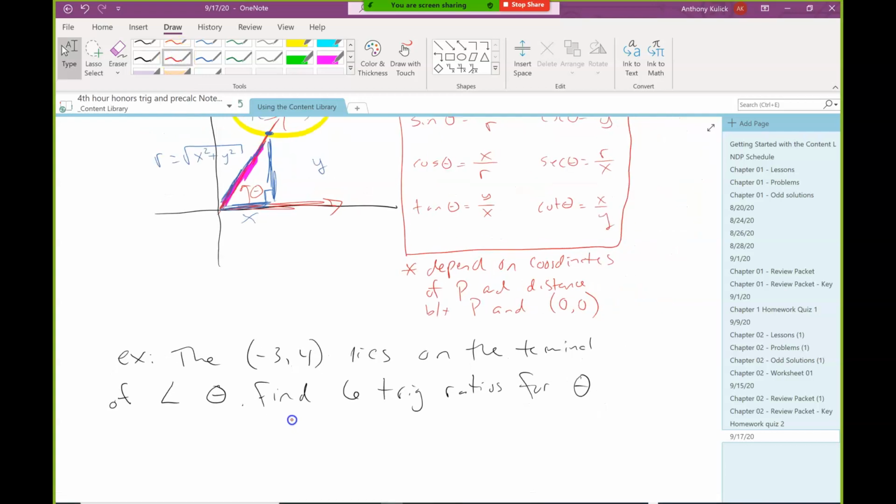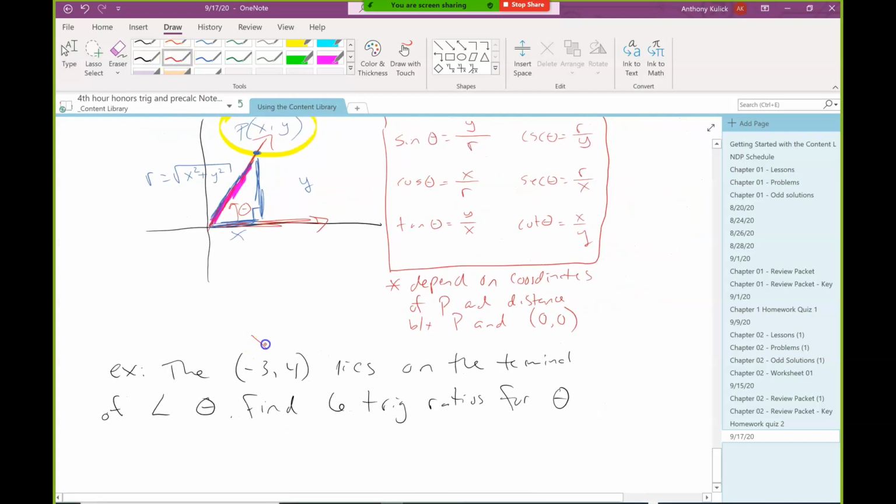Well, to do this, we know x and we know y. So r is just going to be the square root of negative 3 squared, which is 9, plus 4 squared, which is 16, comes out to be 25, and the square root of 25 is 5.